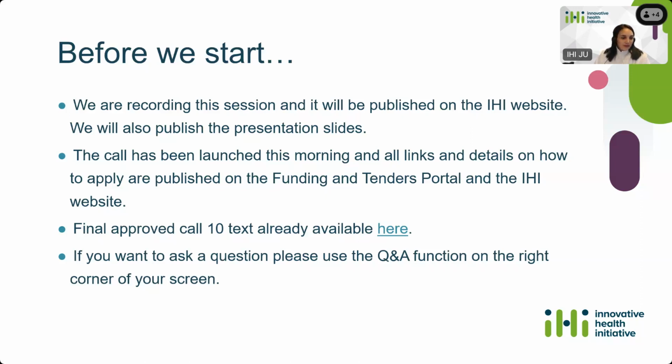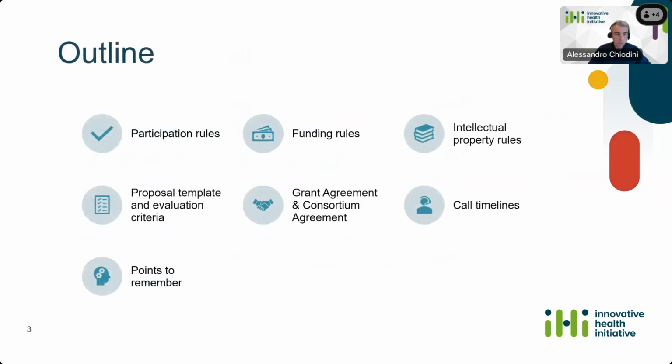Thank you very much, Nassima. Going to the next slides, this is simply an outline of the different things that we are going to touch upon during this presentation. We'll talk about some background rules for participation and for funding.